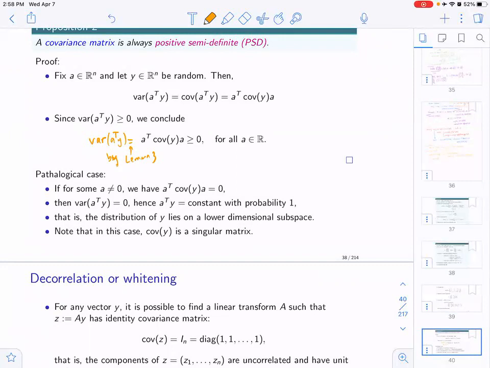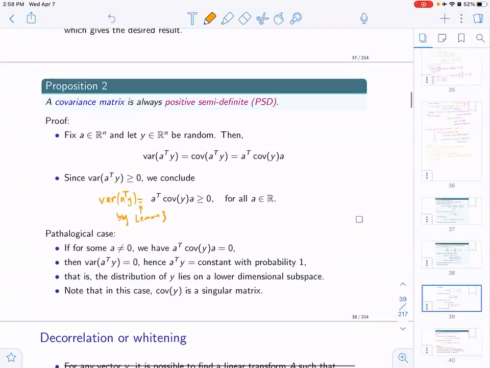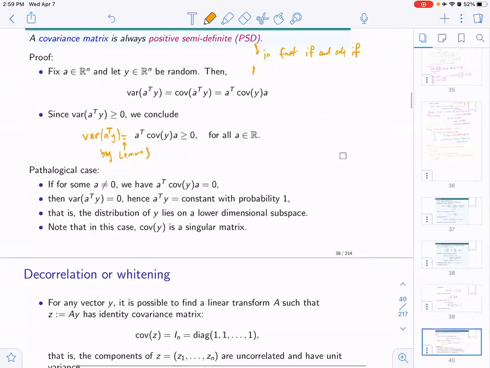So what else can we say? And this is, in fact, if and only if. What I mean is that a matrix is a valid covariance matrix if and only if it is positive semi-definite.